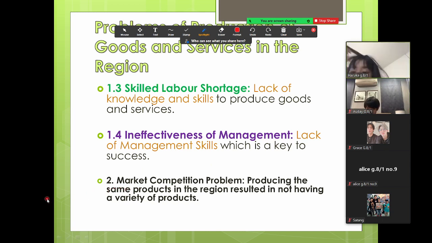Market competition problem. Producing the same products in the region results in not having a variety of products. When everybody sells the same product in the market, it would result in similar products.